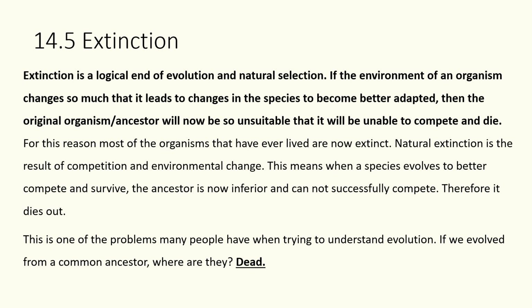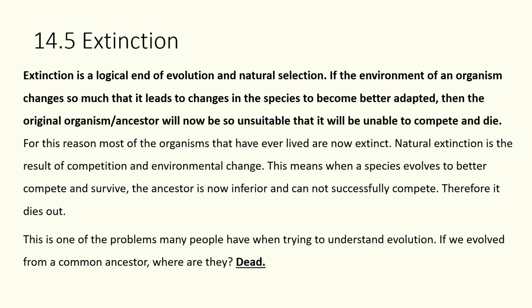It's then unable to compete and it dies. So this is the reason why some of the stats we've heard before, 95 to 98% of all organisms who ever lived are now extinct, because natural extinction is a result of competition, environmental change, and evolution. So the ancestor becomes inferior, defunct, can't compete, it dies out.